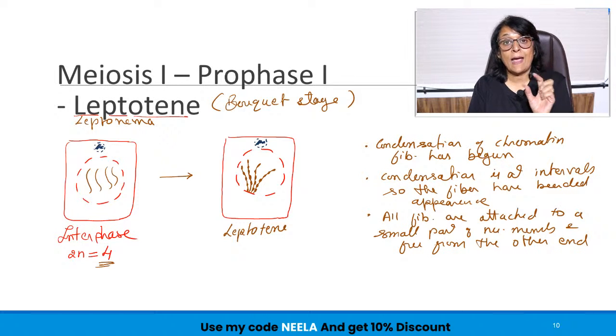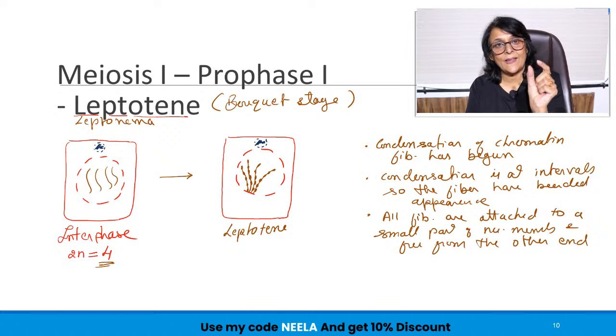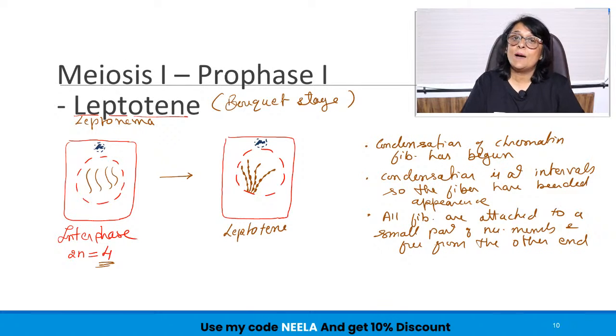Everything that happens in prophase of mitosis happens towards the end of prophase I of meiosis I. But chromatin fibers are going to condense, so here we see condensation, and condensation is not uniform. The thread gets condensed at one place, then is thin, then again thick, so it gives a beaded appearance to the chromatin fibers.